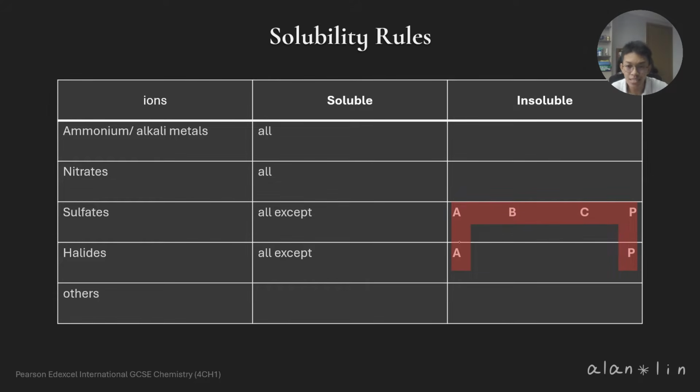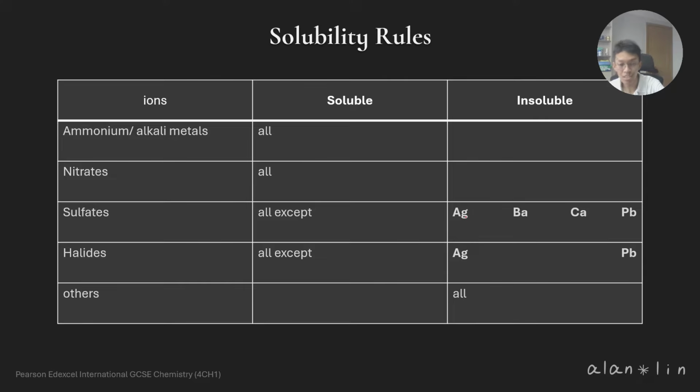And as you can see, there's this kind of pin shape, or a small n shape that's going on with these exceptions. So I like to use that as a visual cue to memorize the exceptions when it comes to sulfates and halides. And these letters are going to represent the chemical symbols of the cations.